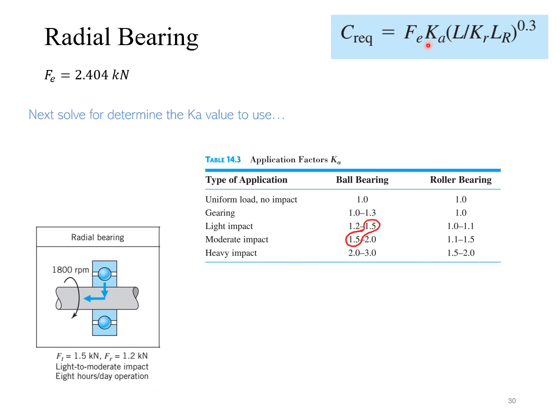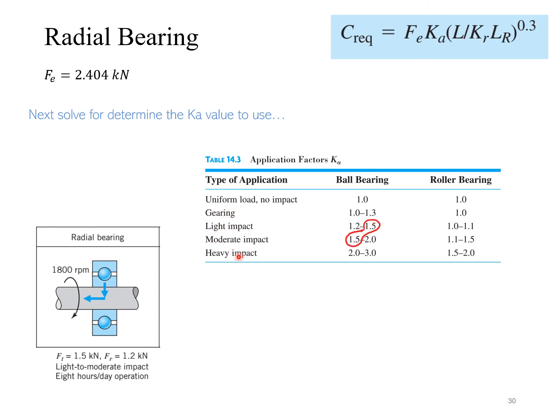Next, we want to solve for the application factor here, which is a result of shock or impact loading. So we go to the table, and again, we're designing with a ball bearing in mind. In this case, it's a radial ball bearing. And they told us light to moderate impact. We have uniform gearing, light impact.